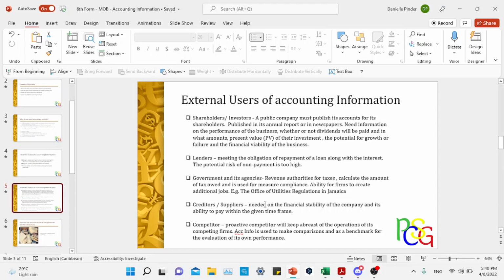And so if you're large enough, the creditors, with the help of financial statements, would know exactly that you're financially stable, and that you're able to pay for the items at a later date or a given time frame, right? And so I know that already.